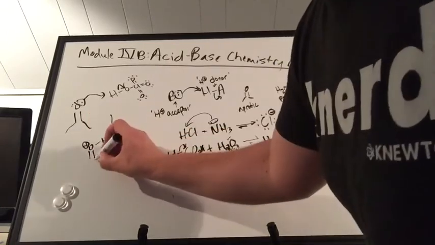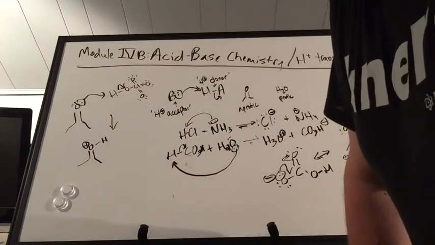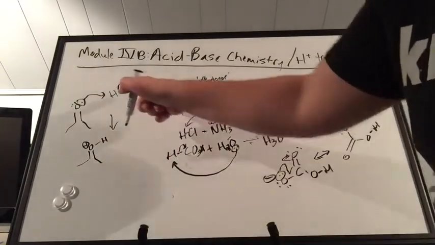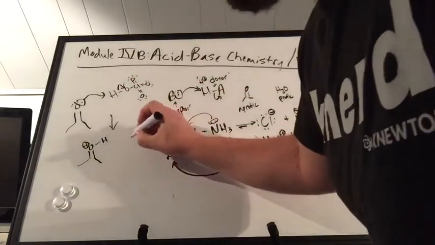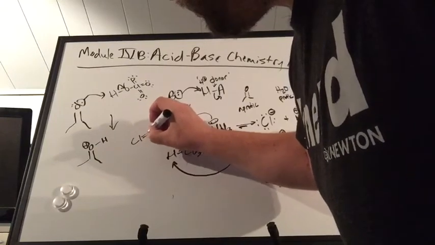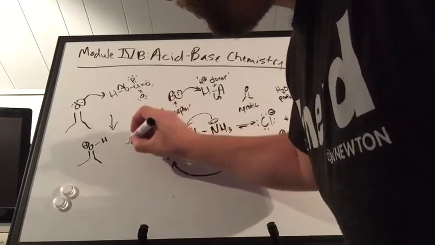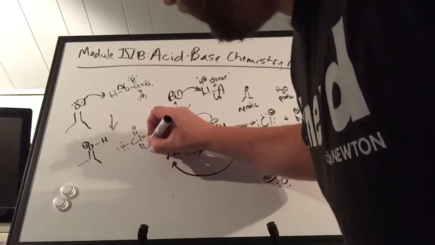Okay, so remember that if we're thinking of our charges here, so this is going to be an anion or a conjugate base of perchlorate, or in other words, perchlorate. And this is also going to be, not surprisingly, resonance stabilized.